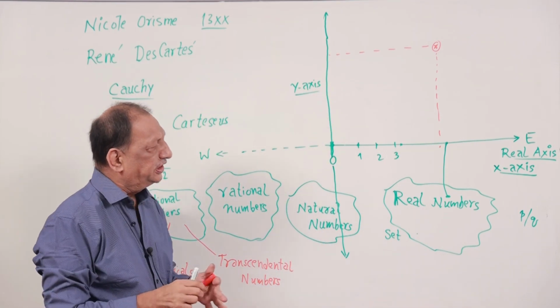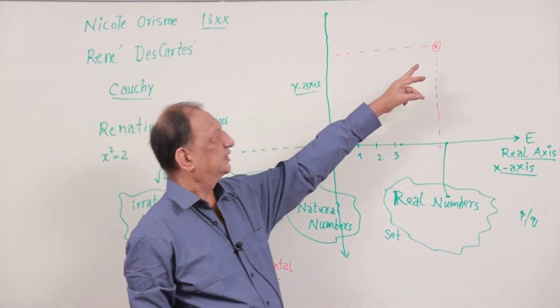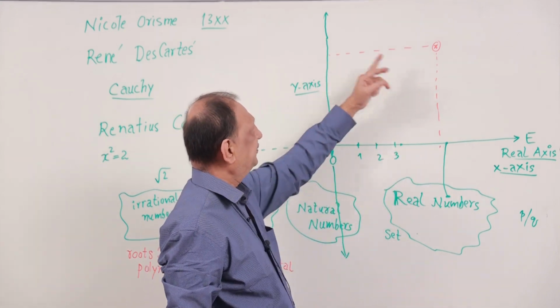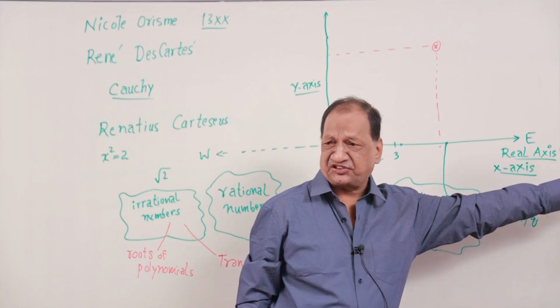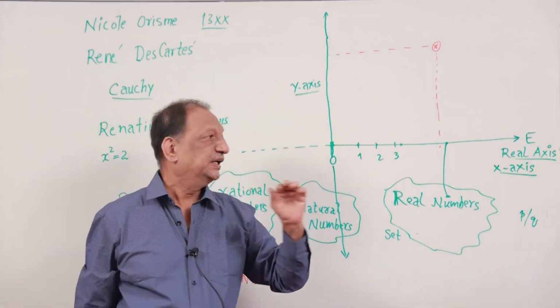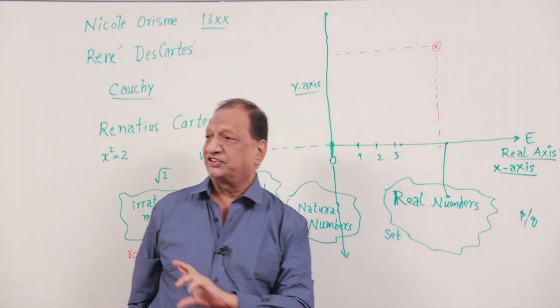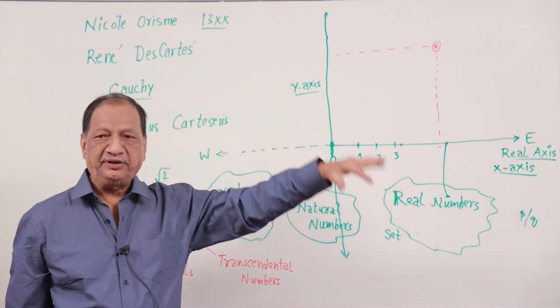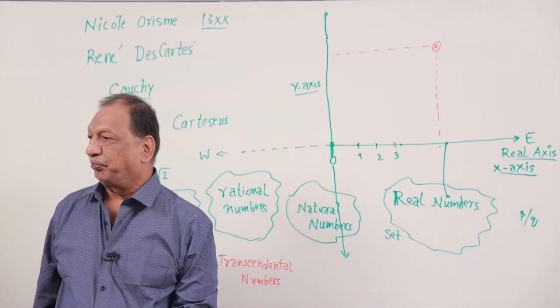Any point you take is at a distance from the y-axis, that is the distance in the x direction. So it has a distance in the x direction, which is a real number, and a distance in the y direction, which is another number. So a pair of numbers can always represent any point in the entire plane.